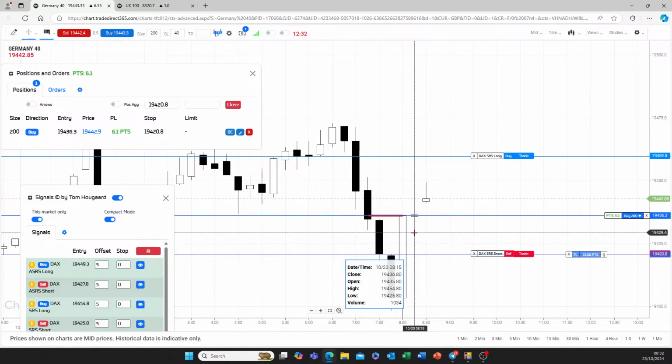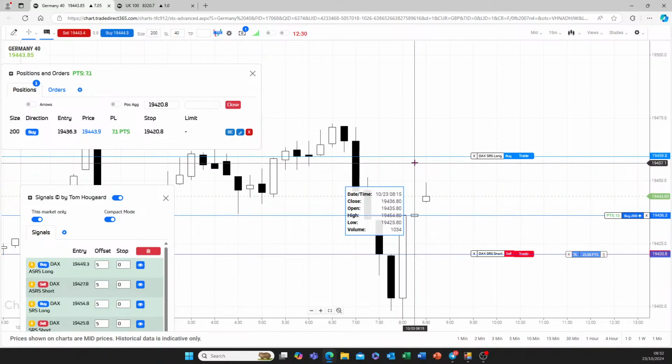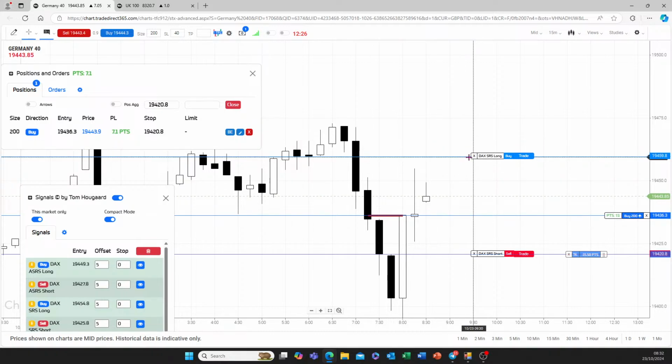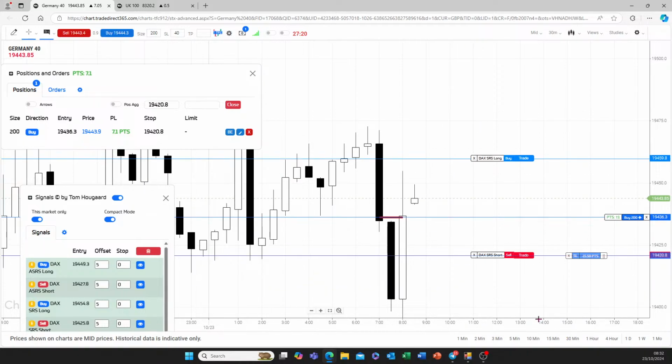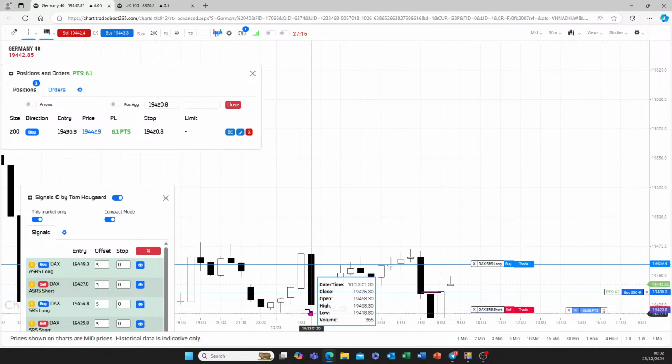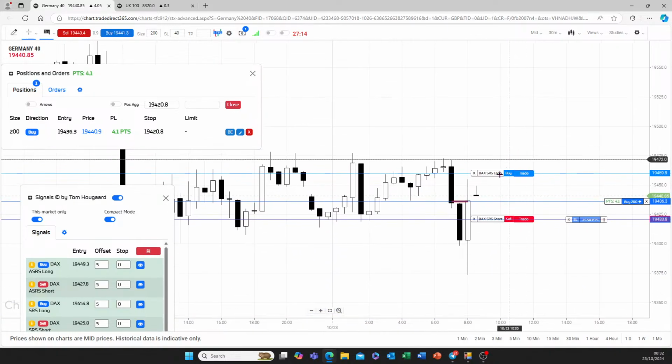But what I would ideally like to see is a move higher, who wouldn't when you're long, to attack these levels up here, as you can see on a 30-minute chart. That's the theory.